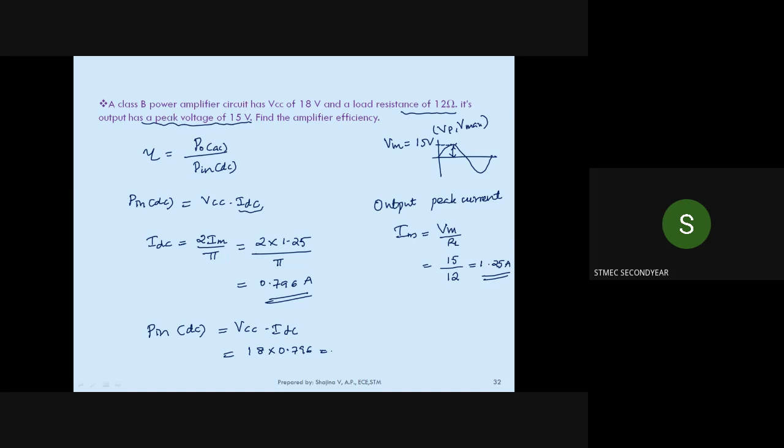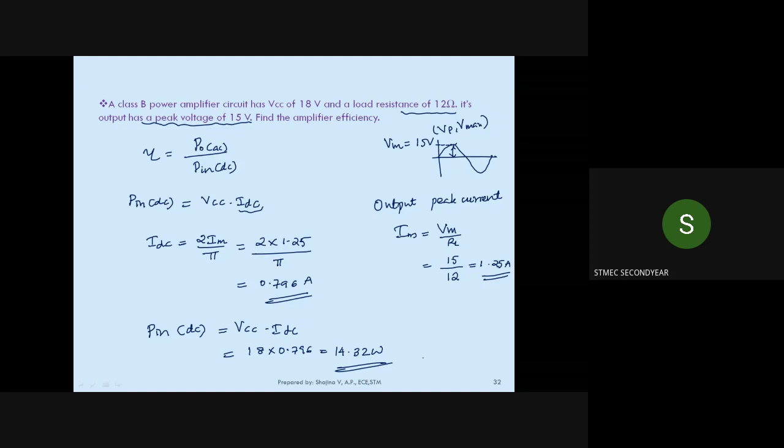So the input power is 14.32 watt. Unit is watt.